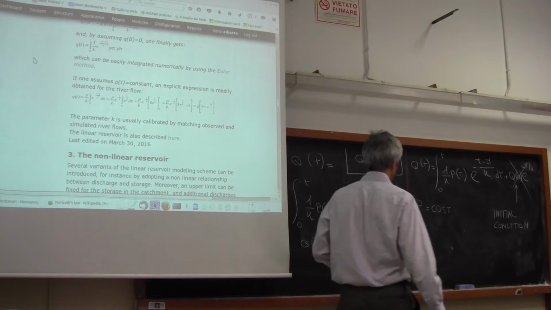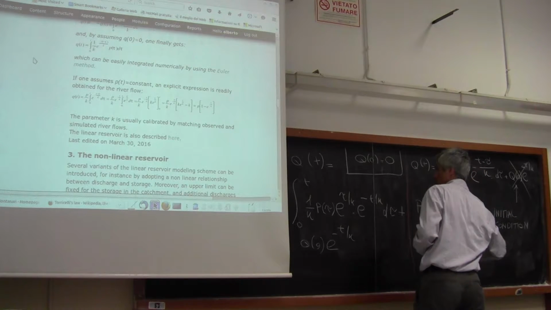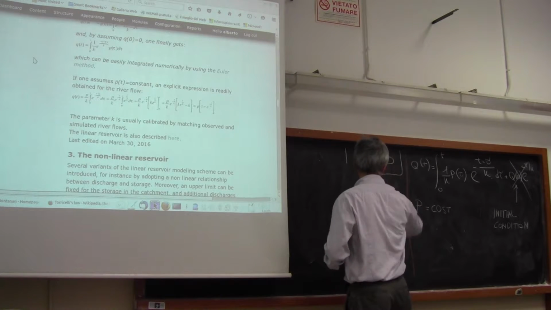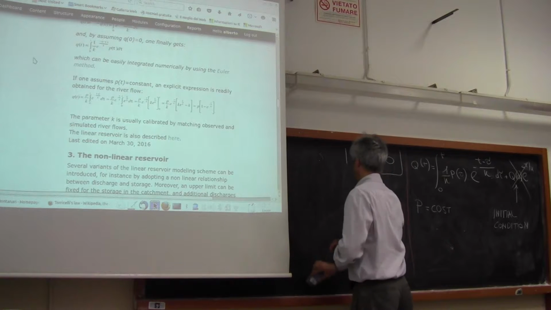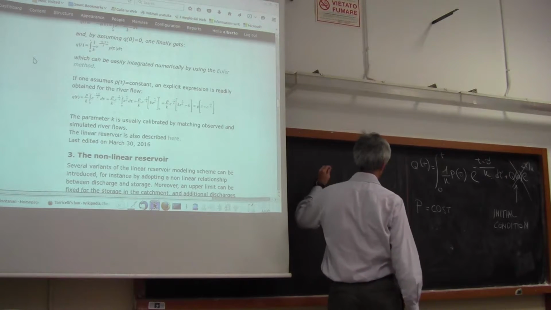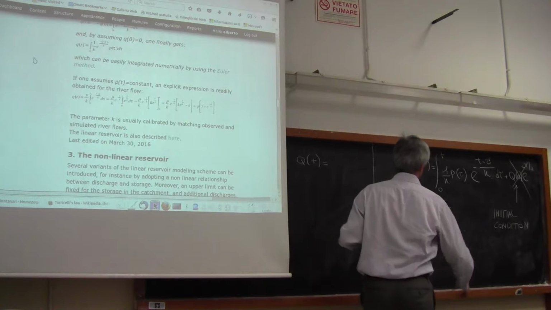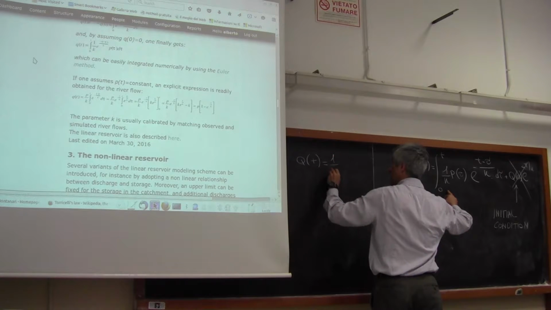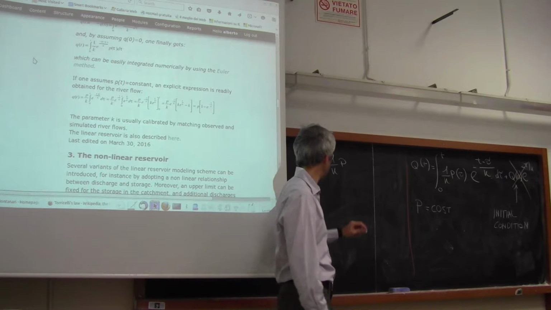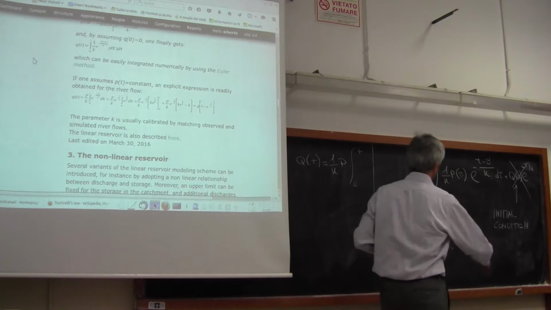Perfect. So basically, if I do that, I can rewrite this relationship in a much simpler way. Basically, what I can do is write Qt is equal to, I can bring 1 over k times p out of the integral sign, because everything is constant, times the integral between 0 and t of what remains.